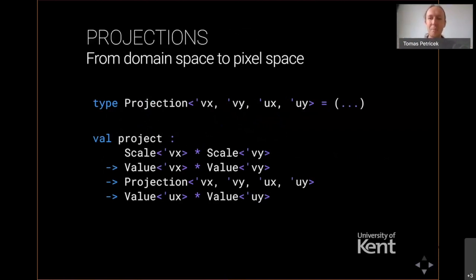And with units, the project function is really just something that takes a scale of X units, scale of Y units, value of X units, value of Y units, projection from one kind of X units to another kind of X units, and produces values in the other kind of X units.